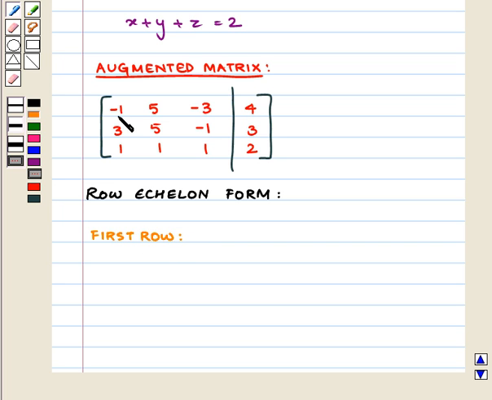Here, leading entry is minus 1. We multiply row 1 by minus 1 to get rid of the negative sign.